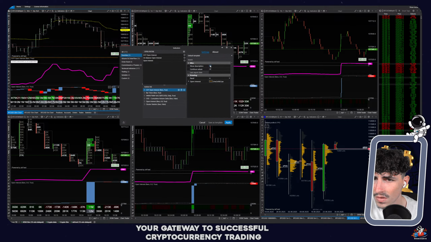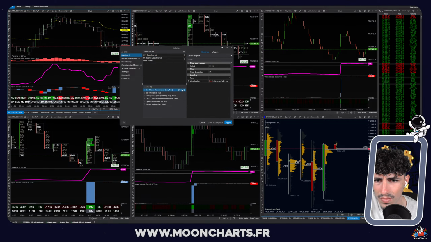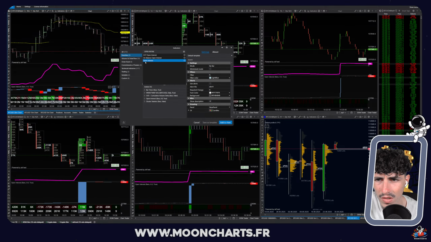Current instrument is not supported. Right, I don't know why. Well, this is a line. But in the open interest here, the indicator, you don't have it.